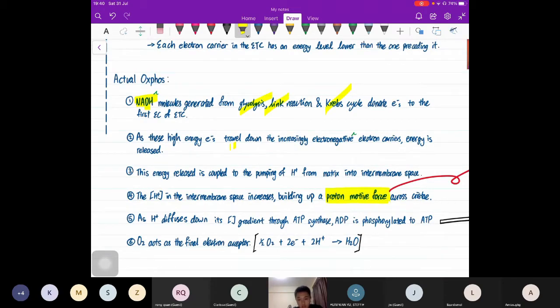If your high energy electrons travel down your increasingly electronegative electron carriers, the energy is released. Energy is released because before we talked about energy level being lower than the one preceding it. So the first one, let's say it has 1,000 joules, just an arbitrary unit of energy.